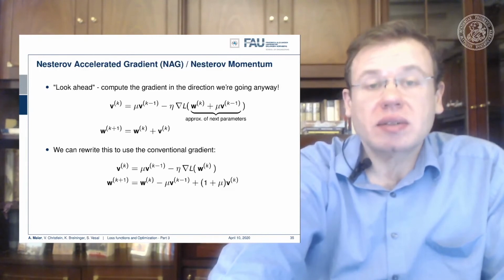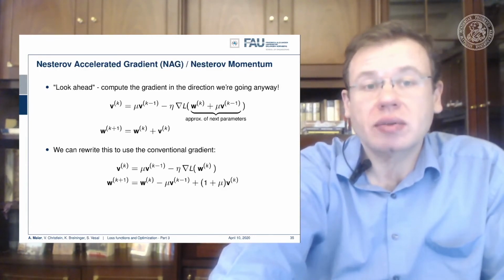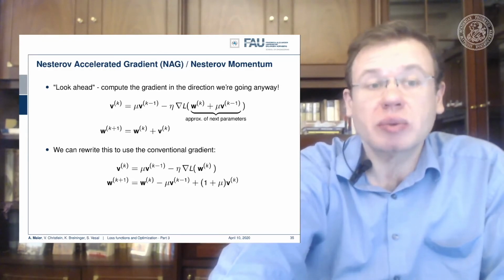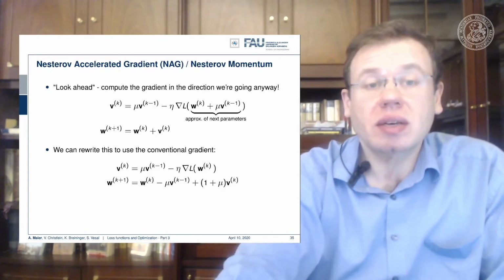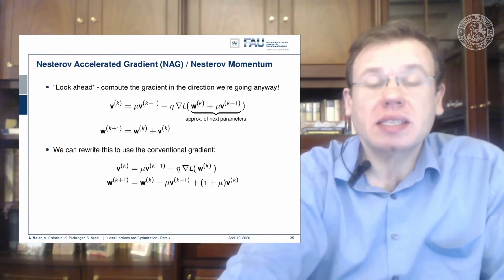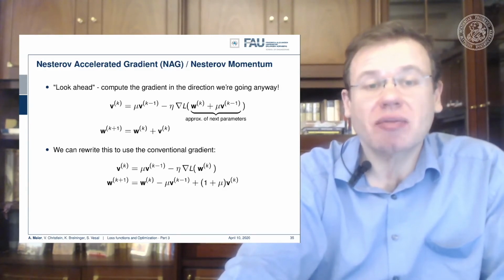We can also pick a different way of momentum. That's the Nesterov accelerated gradient, NAG, or Nesterov momentum, and this performs a look ahead. Here we also have this momentum term, but instead of evaluating the gradient at the position we're currently at, we add the momentum term before computing the gradient. So we're essentially trying to approximate the next set of parameters.